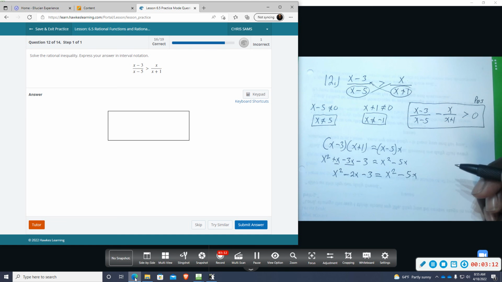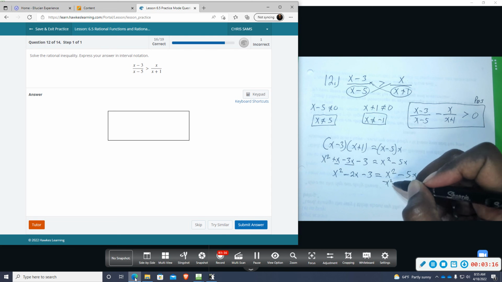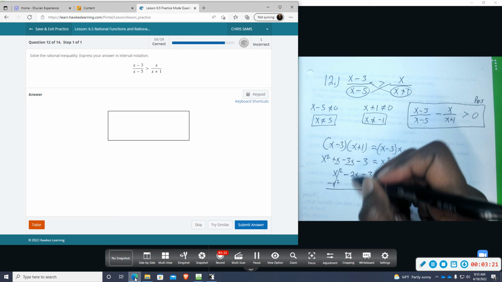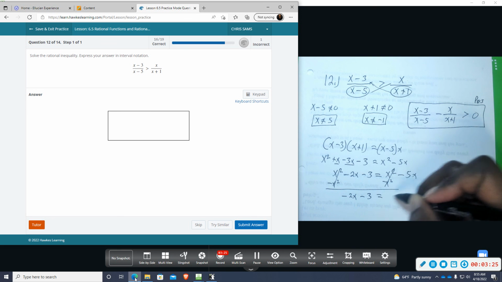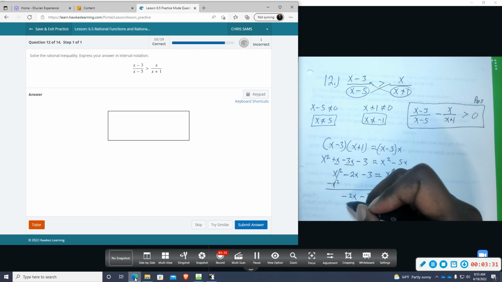All right, going to combine like terms. We're going to move the x squared from both sides. That will cancel, leaving us with negative 2x minus 3 equals negative 5x. And then we can move the 2x over to combine it.